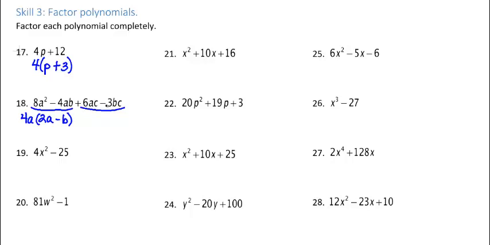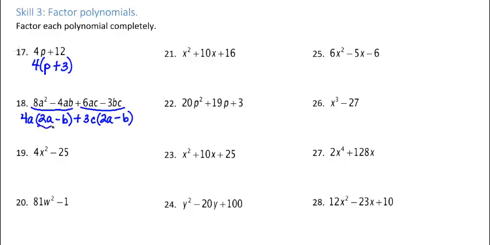6ac minus 3bc has a common factor of 3c. Dividing those terms by 3c leaves us what? 6ac divided by 3c is 2a. Minus 3bc divided by 3c is minus b.